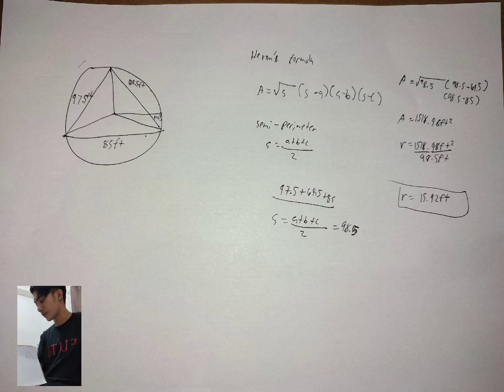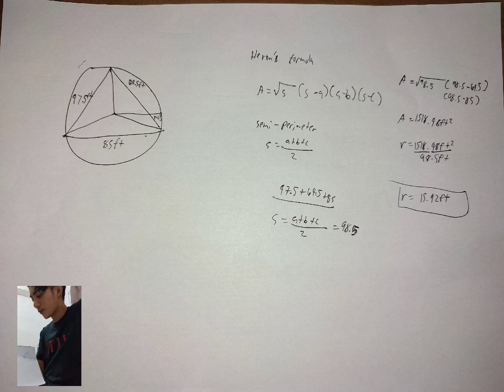So here's the graph. The area A equals the square root of S multiplied by (S minus A) multiplied by (S minus B) multiplied by (S minus C). The semi-perimeter S equals (A plus B plus C) over 2.